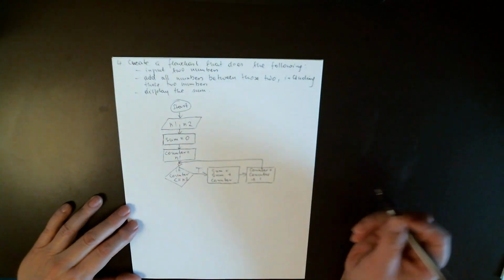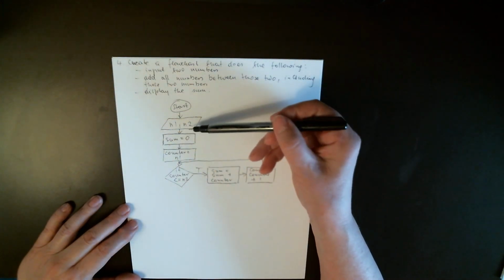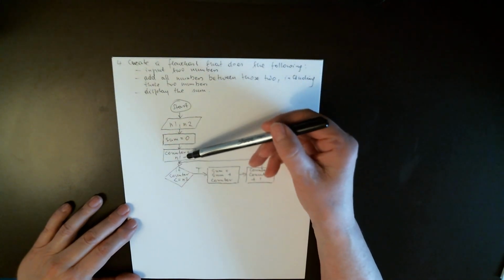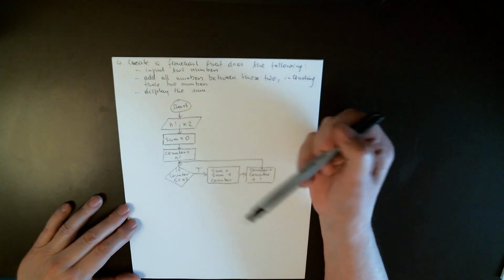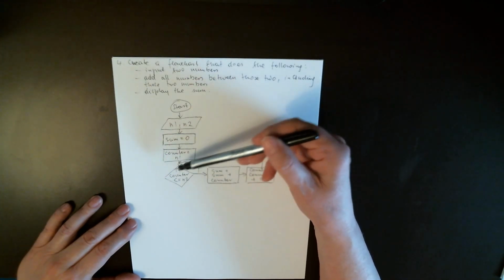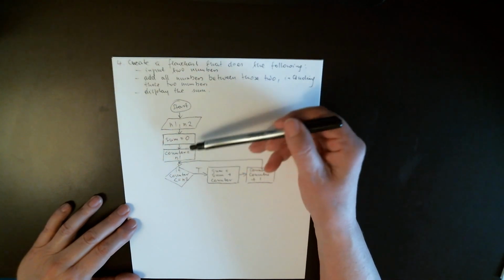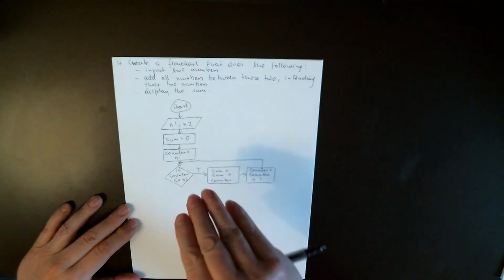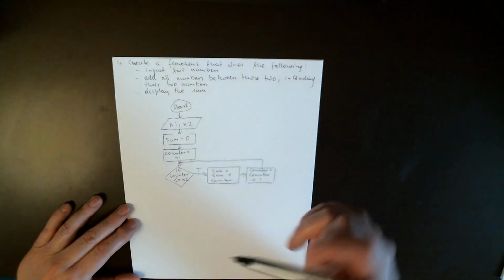All right. So we entered two numbers. We made sure that the sum is clean. We've got the counter that starts at the first number, and the limit where it ends. While the counter is less than or equal to the second number, what do we do? We add to the sum. Every time we go, we add a new number.